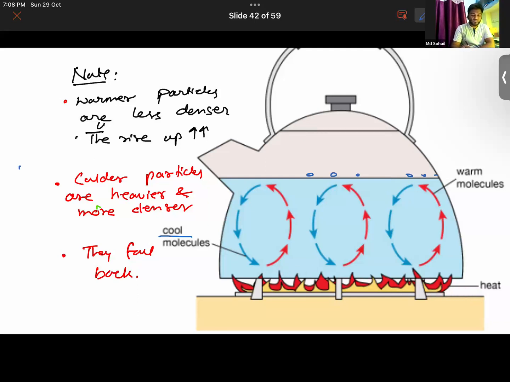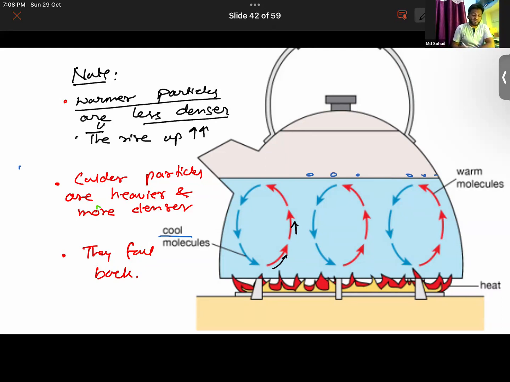Due to being warmed up, they will move upward, right? Why will they move upward? Because warmer particles are less dense. They are lighter, right? So anything that is warm and has less density will start to rise up.